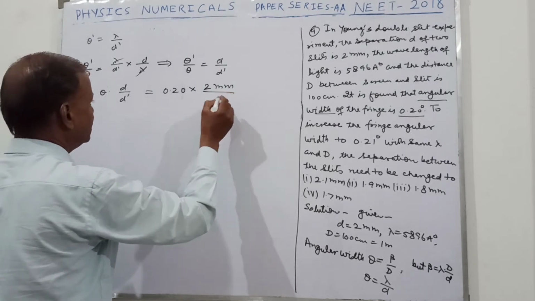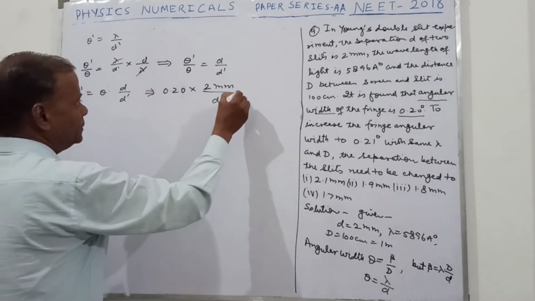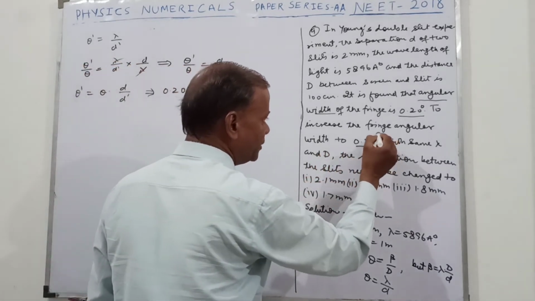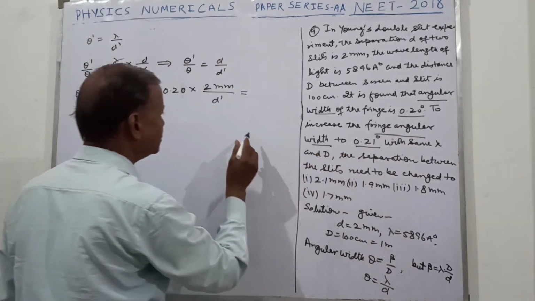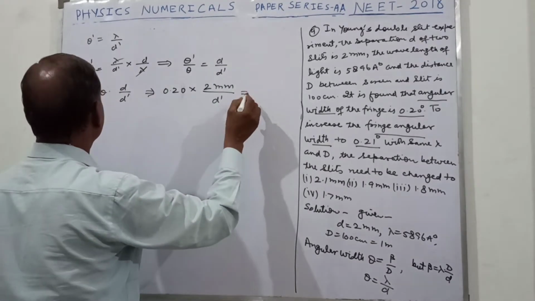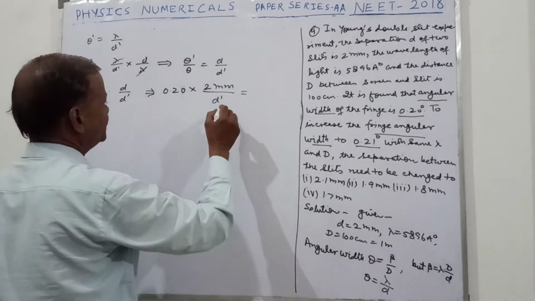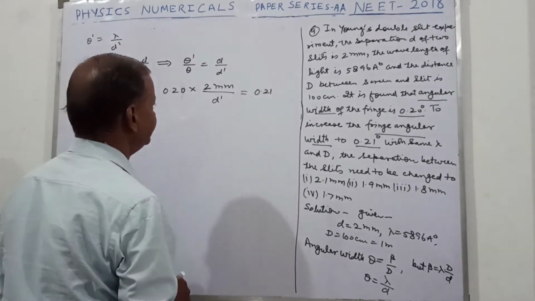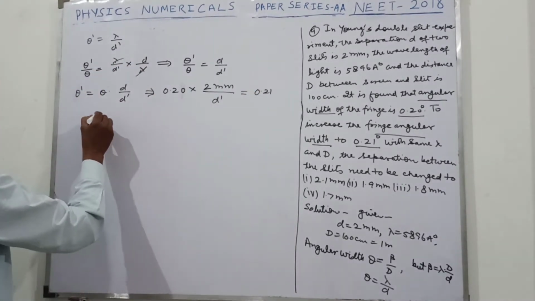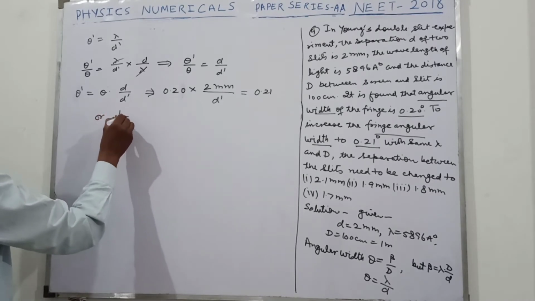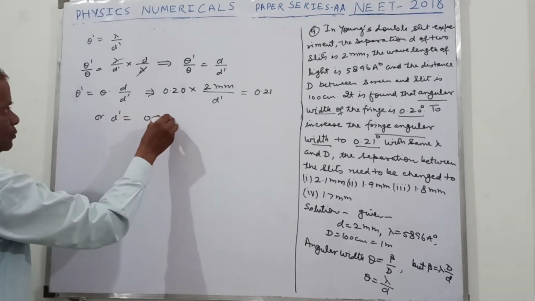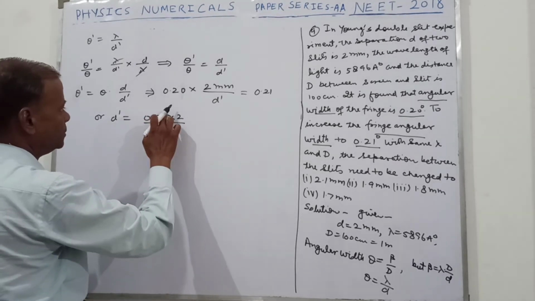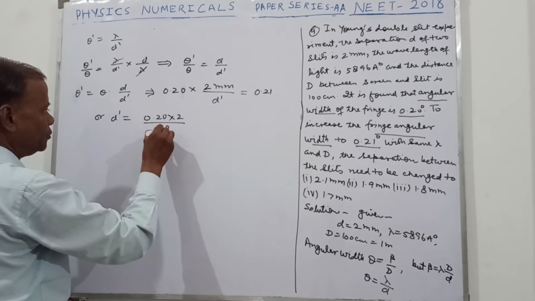So theta dash is given here, 0.21. So d dash equal to 0.20 into 2 upon 0.21.